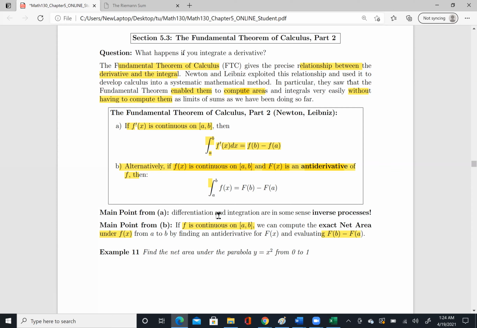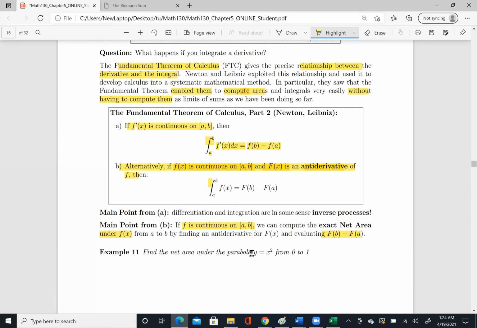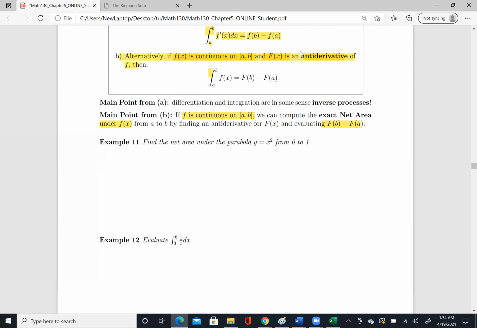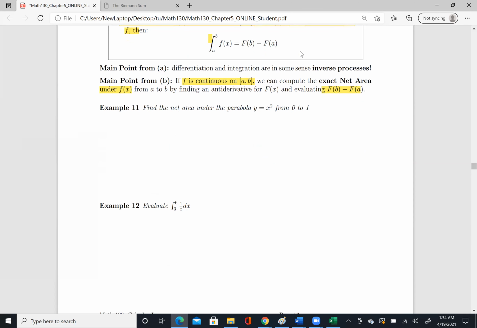Okay, so example 11. Find the net area under the parabola y equals x squared from 0 to 1. Let's do example 11. If you draw it, how does it look?